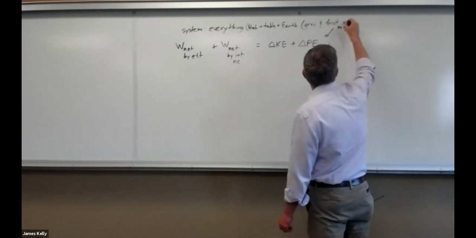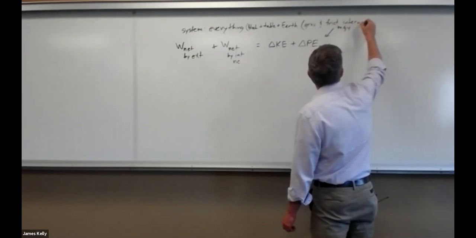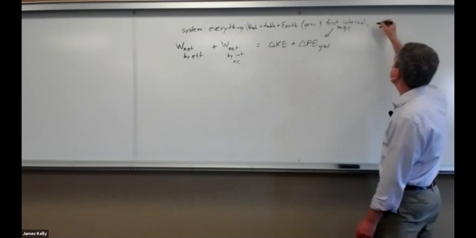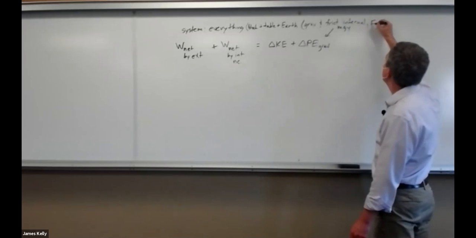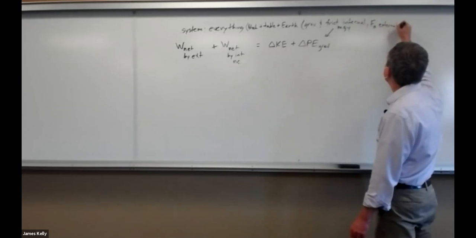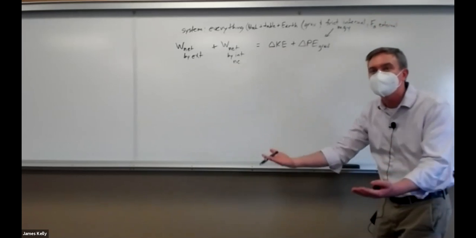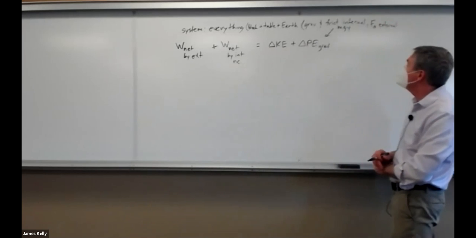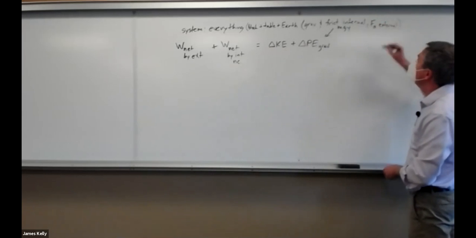We'll take those to be internal. And I'm not going to take quite everything, because I'm going to take the normal force to be external, almost as if someone's hand was coming in from underneath and providing the normal force, even though the gravitational force is inside the system.